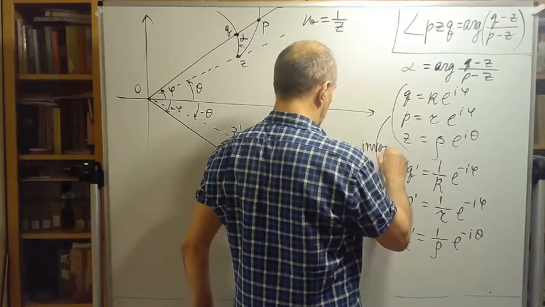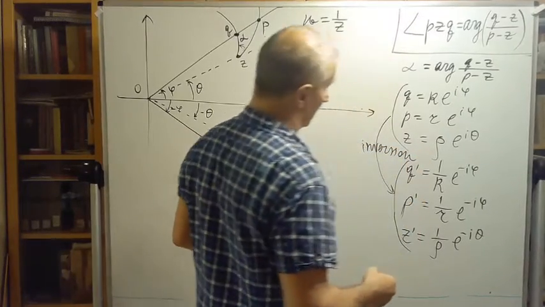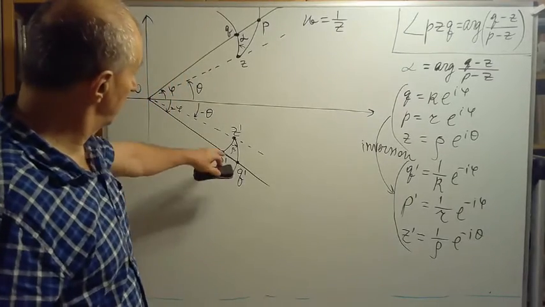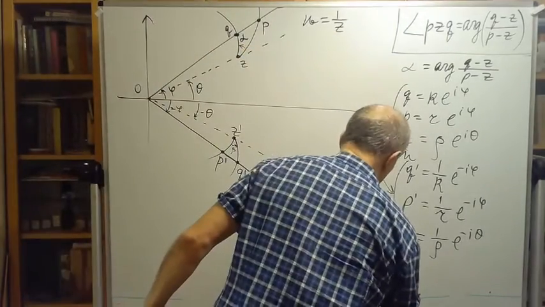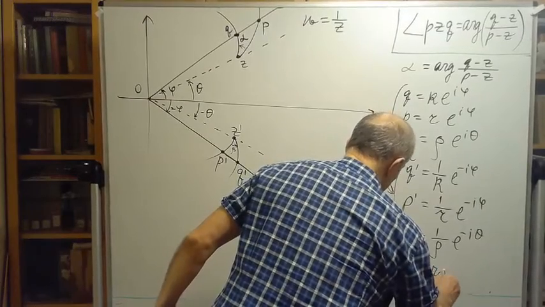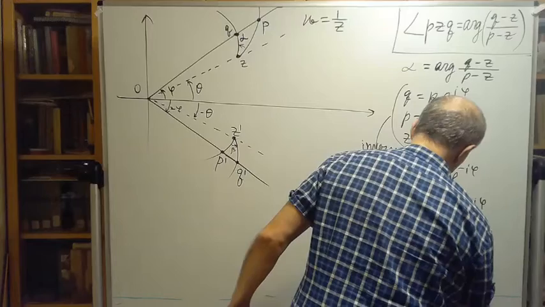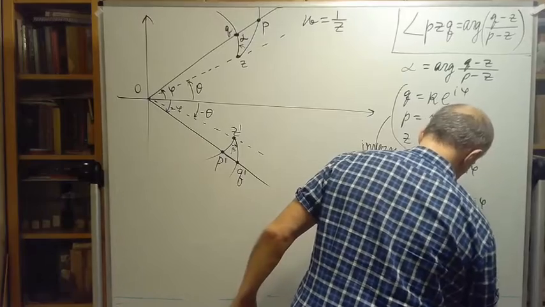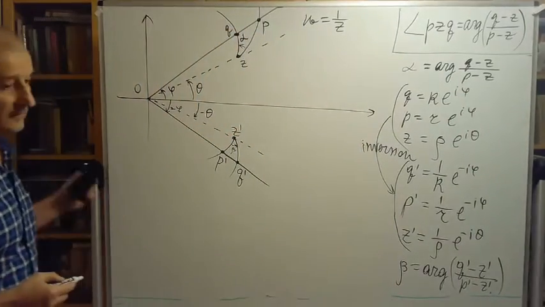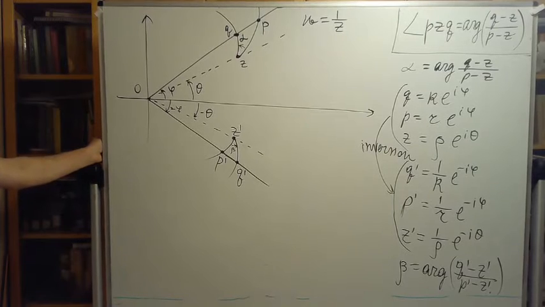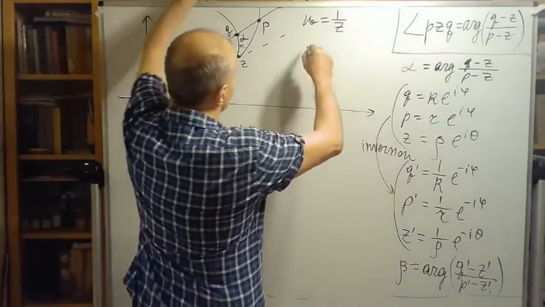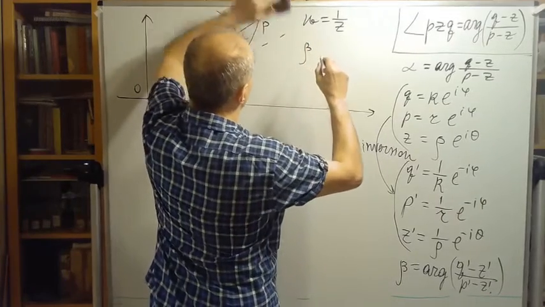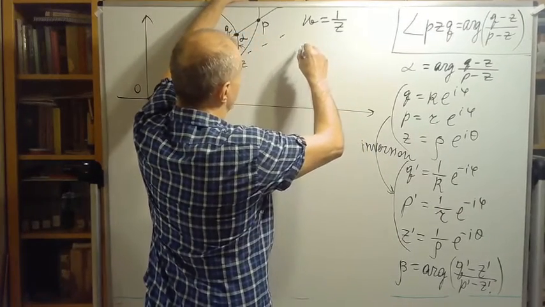And angle alpha becomes angle beta. Beta will be the argument, according to our lemma, of Q prime minus Z prime over P prime minus Z prime. And we need to prove that beta is equal to alpha.